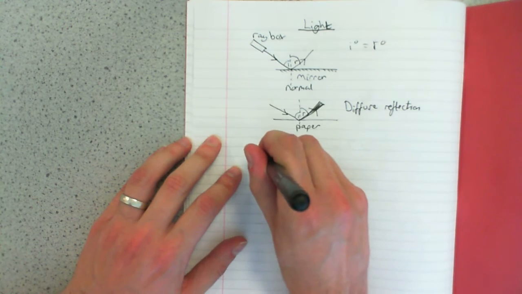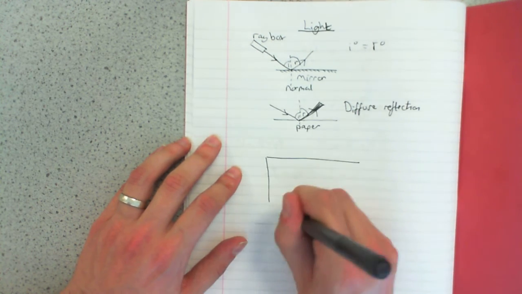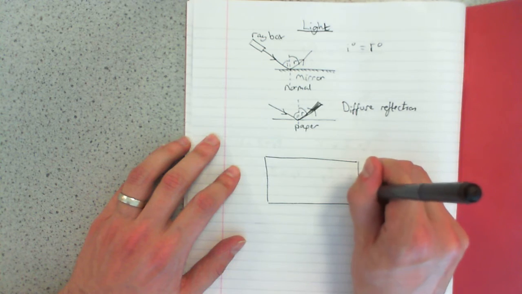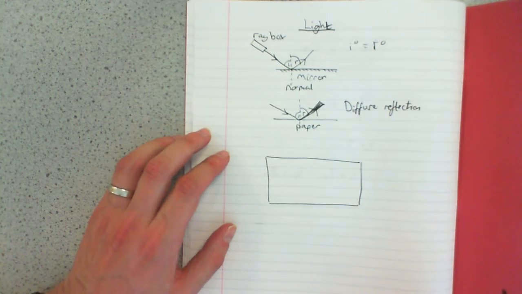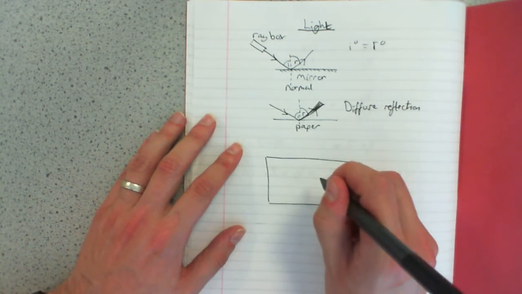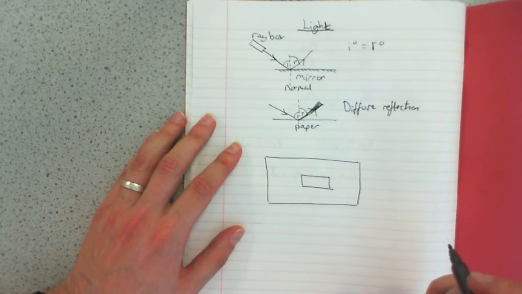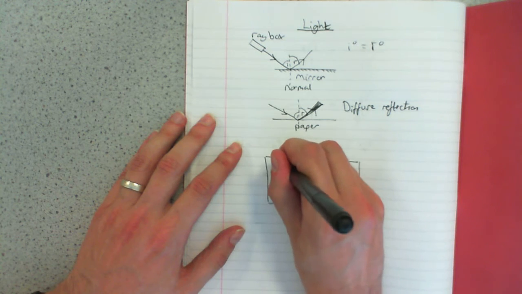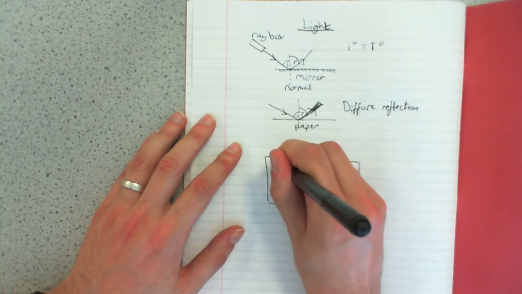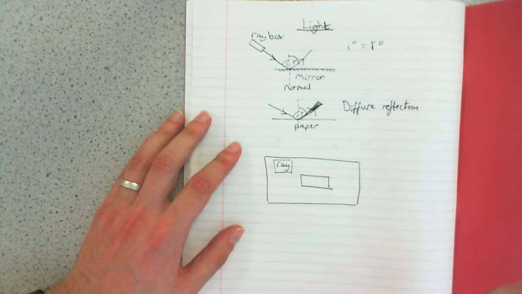So first of all, I'll get a big piece of paper and I'll put my object in the middle and I'll draw around it. So let's just say we've got a rectangular glass box. I would then set up my ray box. I'm just going to call it ray to make it short.